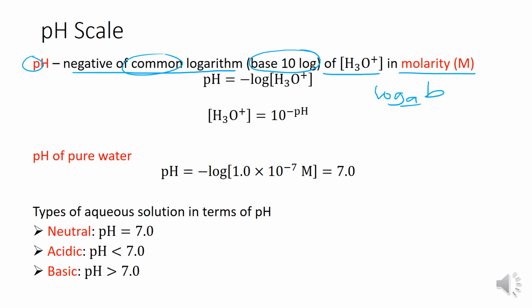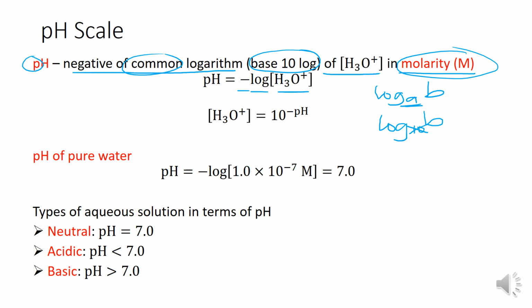But if we don't see a base, that is actually 10, but we don't usually write it. So the formula for pH is negative log to the base 10 of the hydronium ion concentration, and remember that the concentration should be in molarity.